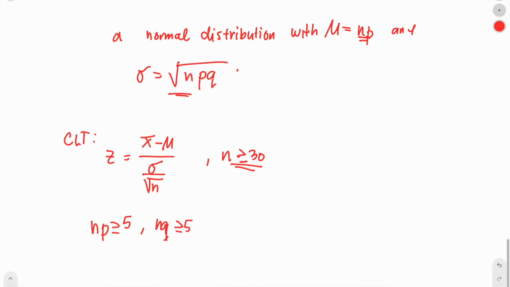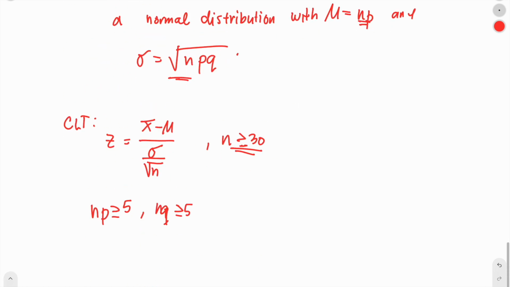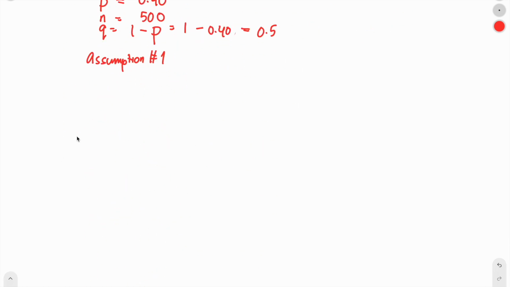So the success should be what? 0.40. How did you solve for success? Of the 500 students that he surveyed, 200 are registered voters. So that is 0.40.